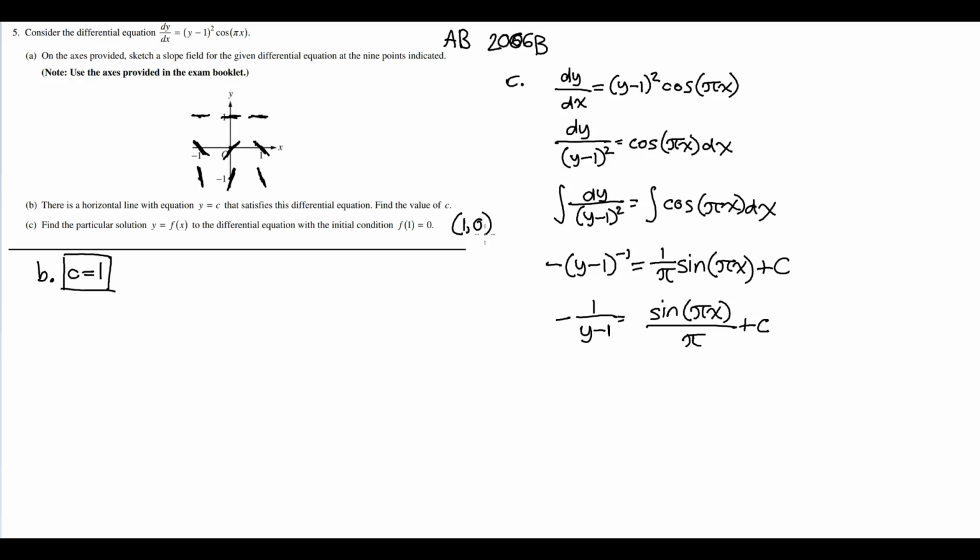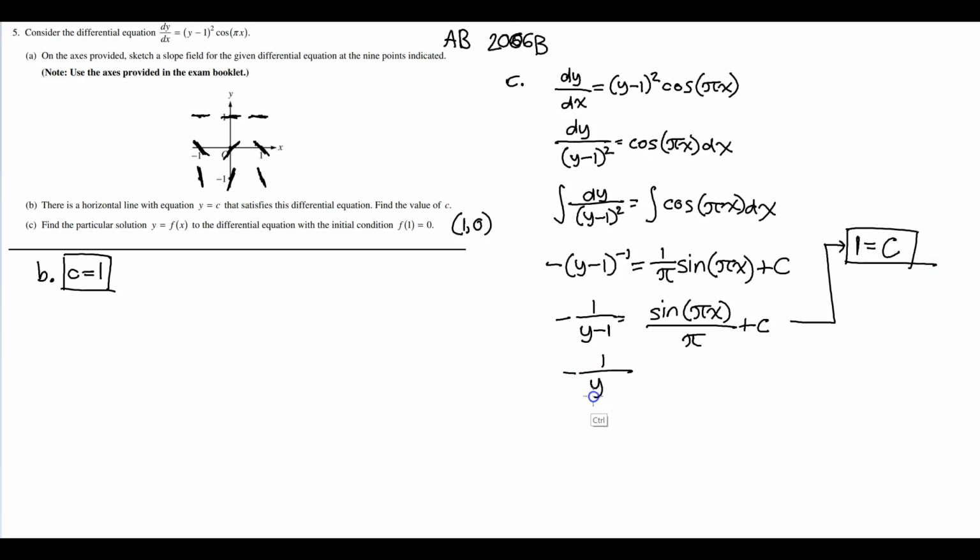If y equals 0, we get 0 minus 1, which is negative 1, and the negative of that is 1. So 1 equals sine of pi x over pi plus c. If x is equal to 1, we have sine of pi, which is equal to 0. So 1 equals c, and we just solved it. Our constant will be 1.